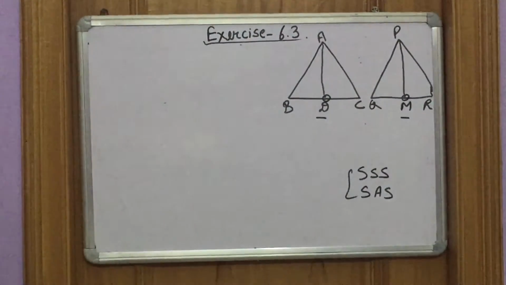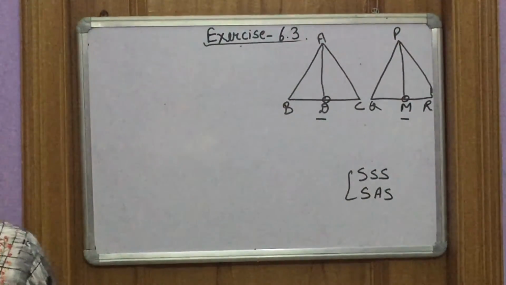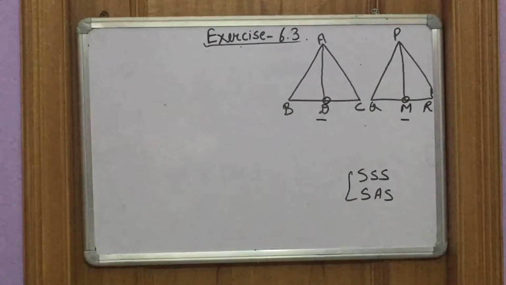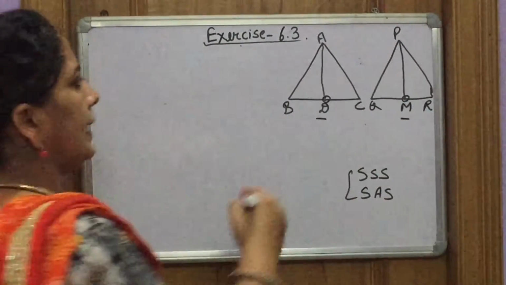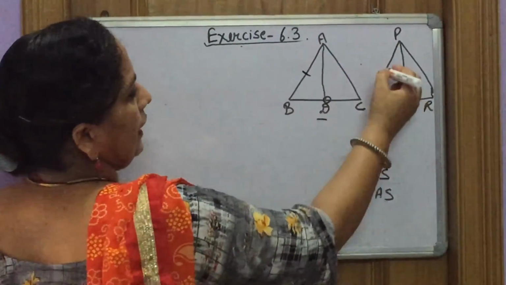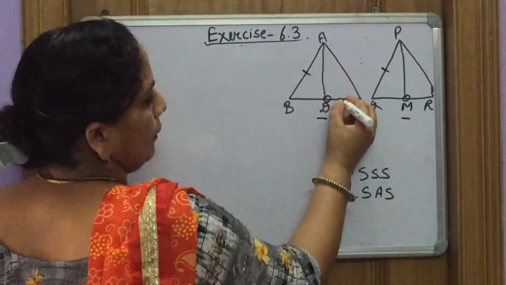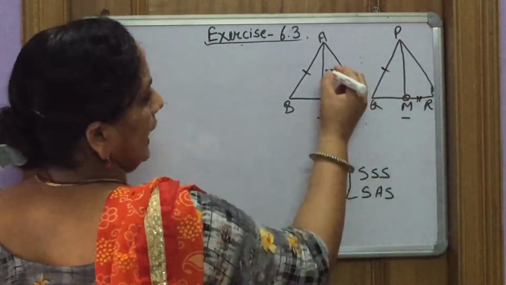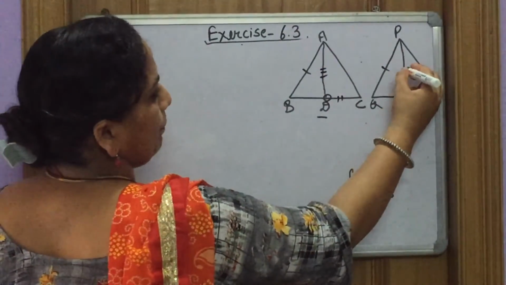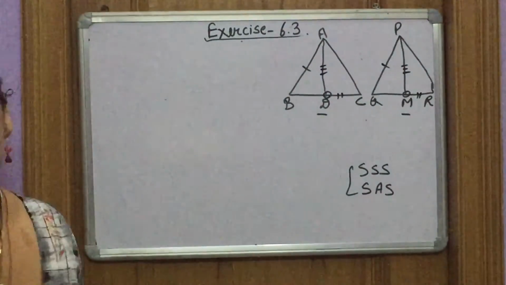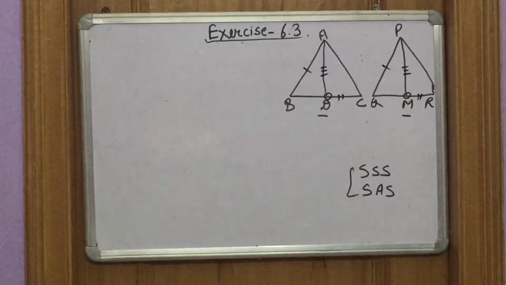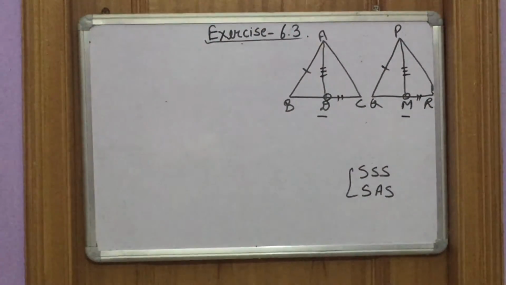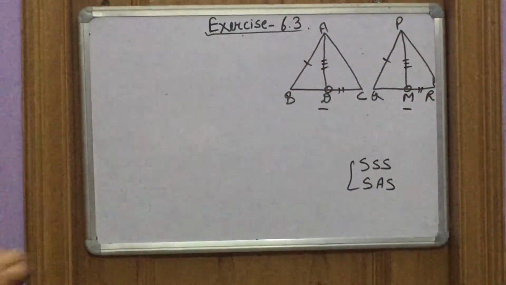So in this question, first of all, we will use the given condition. In the question it is given that AB and PQ, BC and QR, AD and PM, these three sides are proportionally equal.